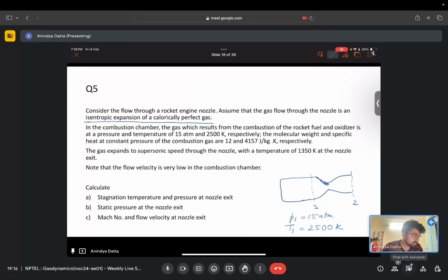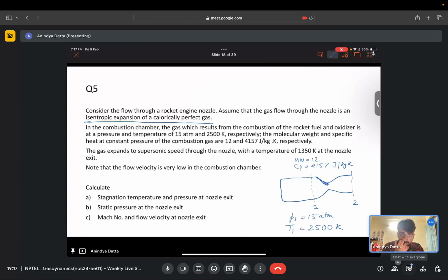Then we have been given the molecular weight and specific heat of the gas. The molecular weight is given as 12 and Cp is given as 4157 joule per kg Kelvin. Since it's not air, the molecular weight and Cp are different.